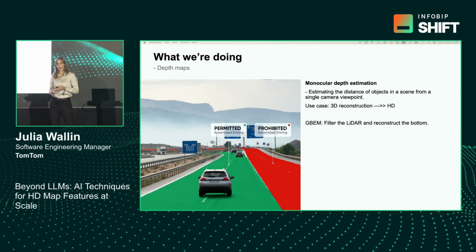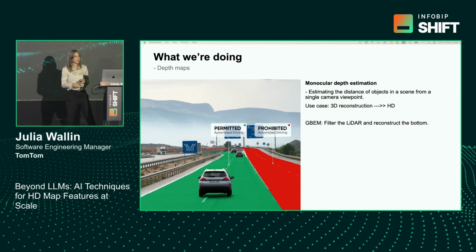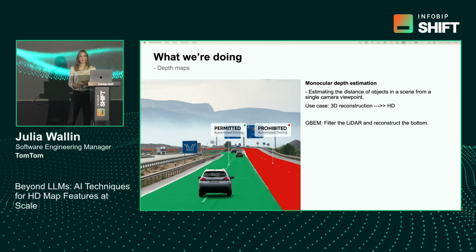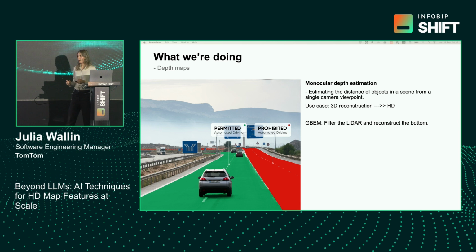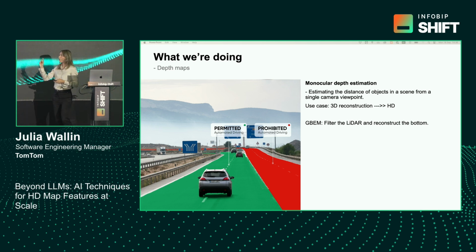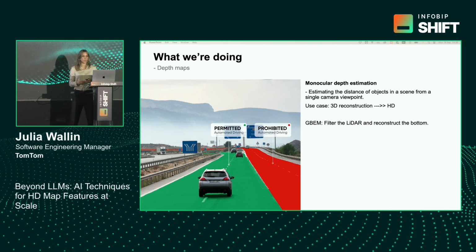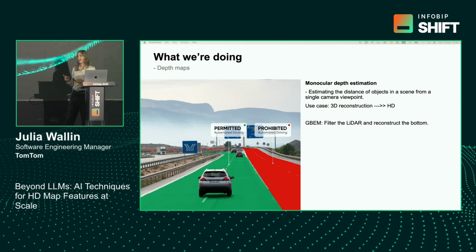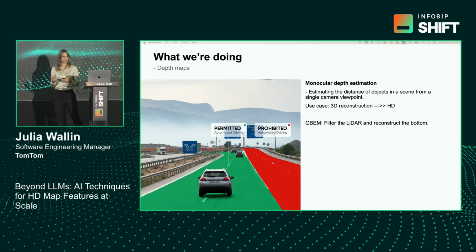We make depth maps. So monocular depth estimation is a computer vision task or process of estimating the distance of objects in a scene from a single camera viewpoint. These monocular depth maps have many applications, but for us, probably 3D reconstruction is the most important one.